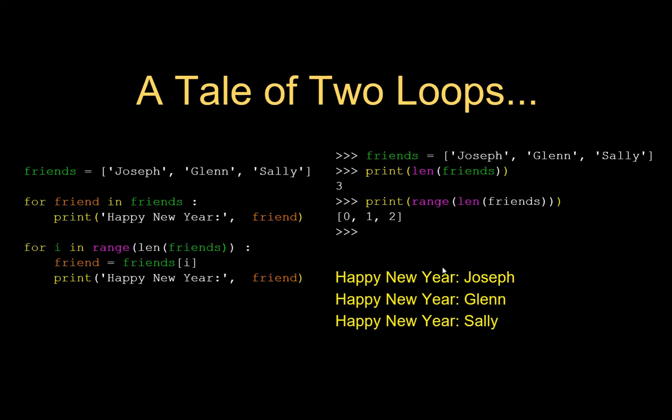So basically we're going to have the same output but a different approach to create it. The first one is using the iteration variable. The second is using the range function and creating the for loop using that range function.